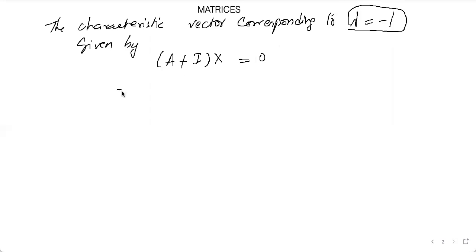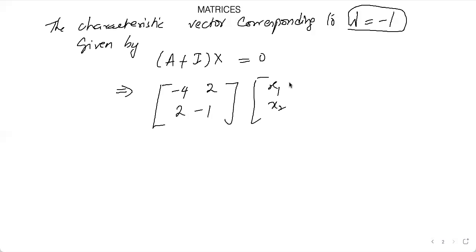So this implies that minus 4, 2 and 2, minus 1, okay, and which is x1, x2, which is equal to 0.